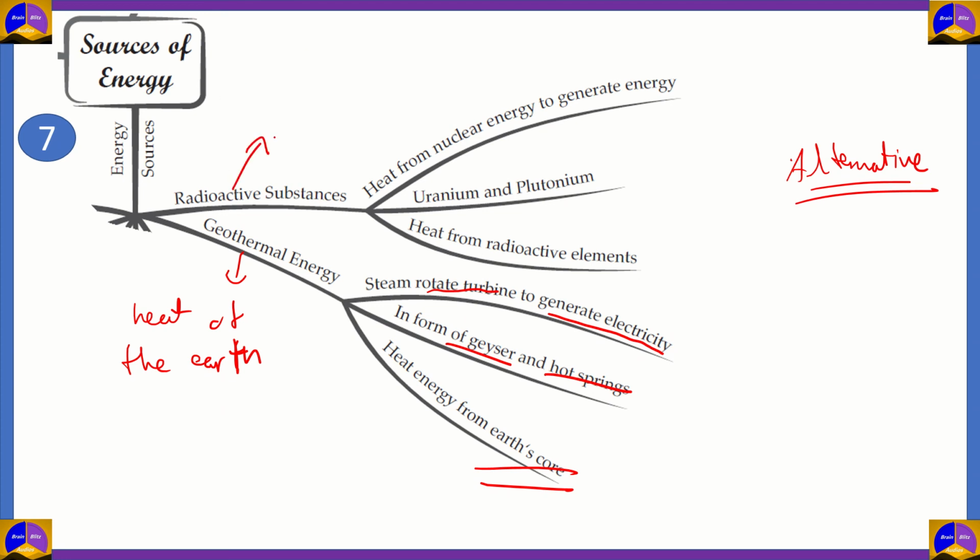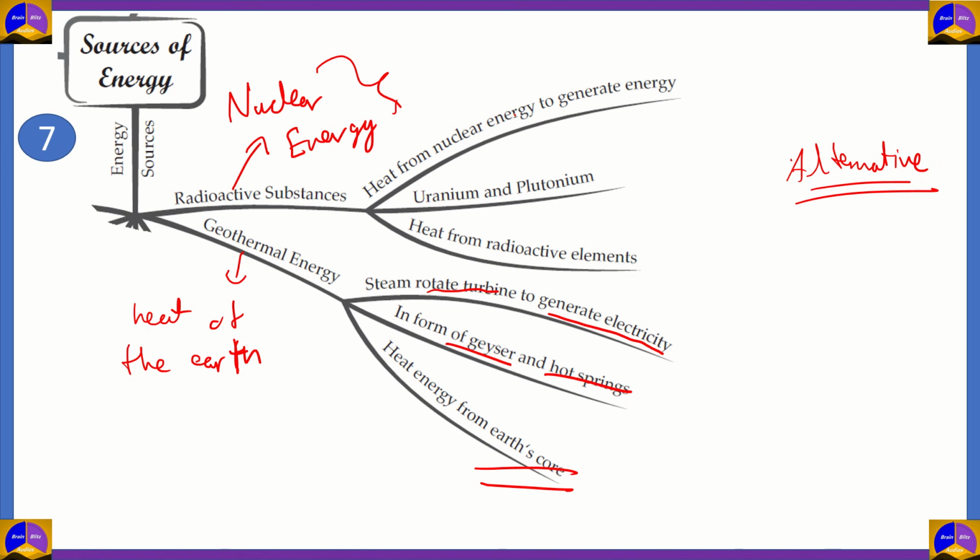Now, radioactive substances are used in order to generate nuclear energy. Basically, nuclear energy is the source of energy where we have to blow up the nucleus of an atom with particles called neutrons, and when we do that, we generate a lot of heat.